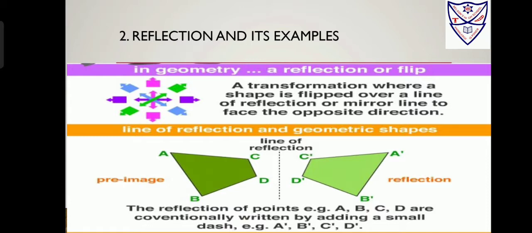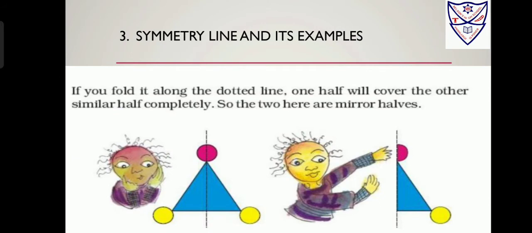Now we will go to the symmetry line and its example. You can take any object and if you fold it along the dotted line, one half will cover the other similar half completely. So the two here are mirror halves. Now two triangles are here, one triangle is given, two circles are there of yellow color, and one red circle is there.